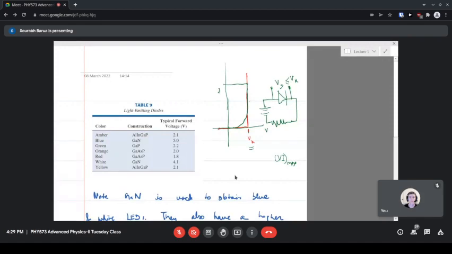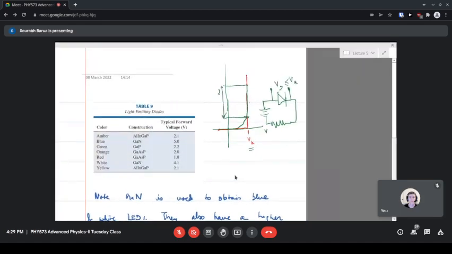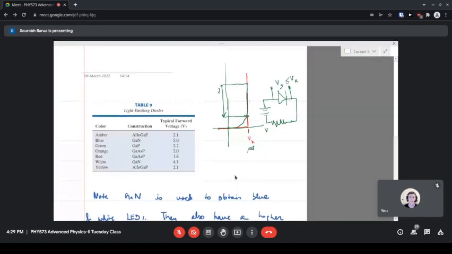But below that maximum current, you can use this diode. In that whole range of current, from this value of current to this maximum value of current, your voltage will be near about Vk, that is the knee voltage. So it will not shift. The voltage always remains almost constant at the knee voltage for any diode.